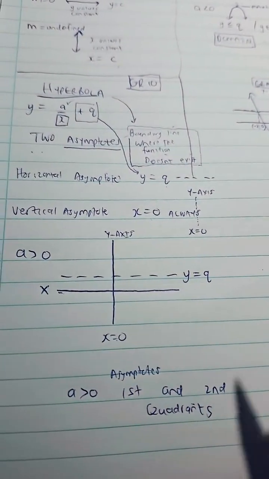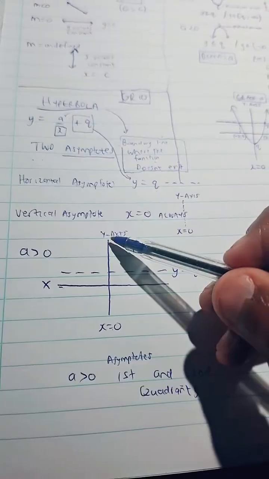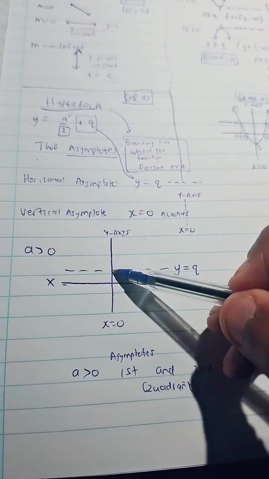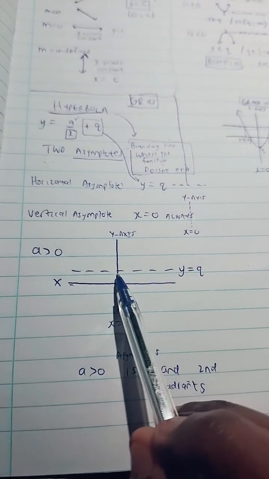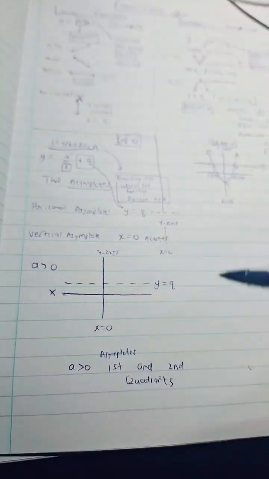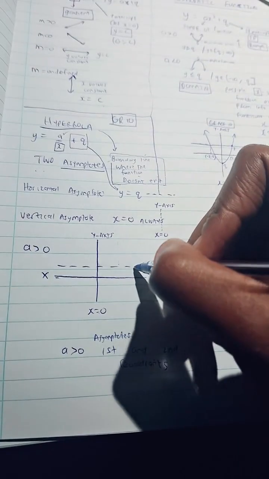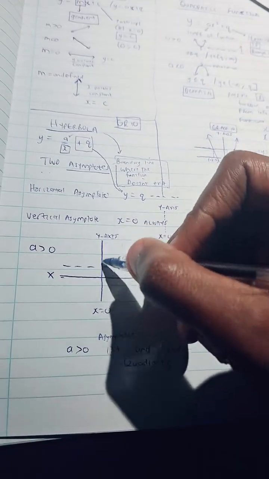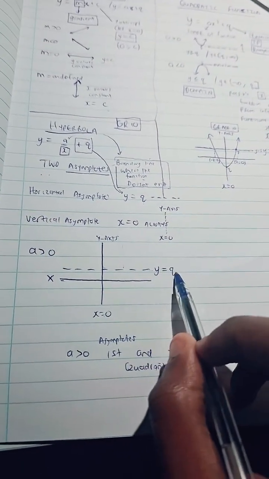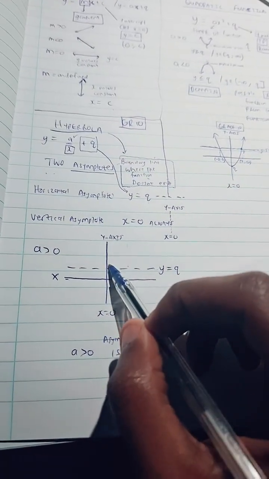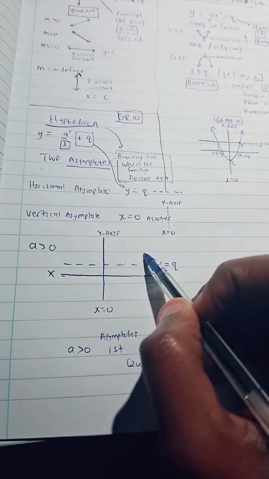Guys, a quadrant is simply this. You see from this vertical asymptote to this horizontal asymptote, this is what we call quadrant 1. From this section, okay, that's quadrant 1. This is my asymptote. This is also my vertical asymptote. This is quadrant 1.